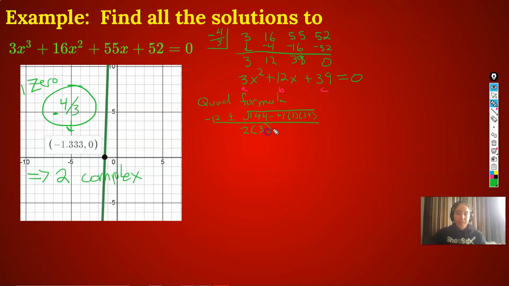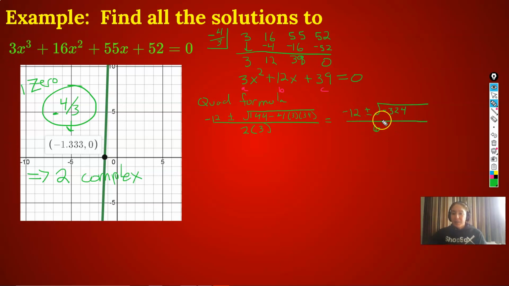Okay, let's simplify this. Negative 12 plus or minus the square root of 144 minus 4 times 3, which is 12. 12 times 39 is 468. So 144 minus 468 is going to be negative 324. No, I did not do that in my head. I totally had the use of a calculator. There's no shame in my game with that.